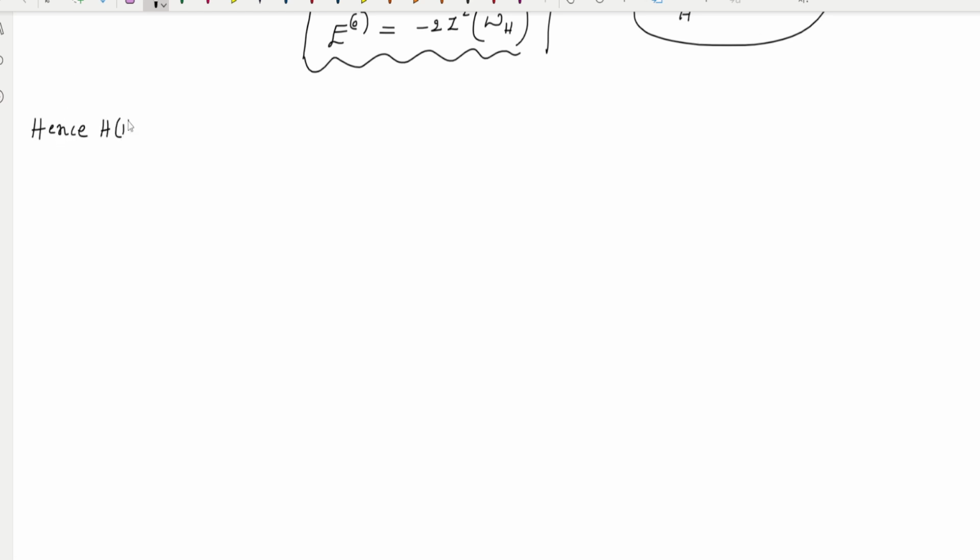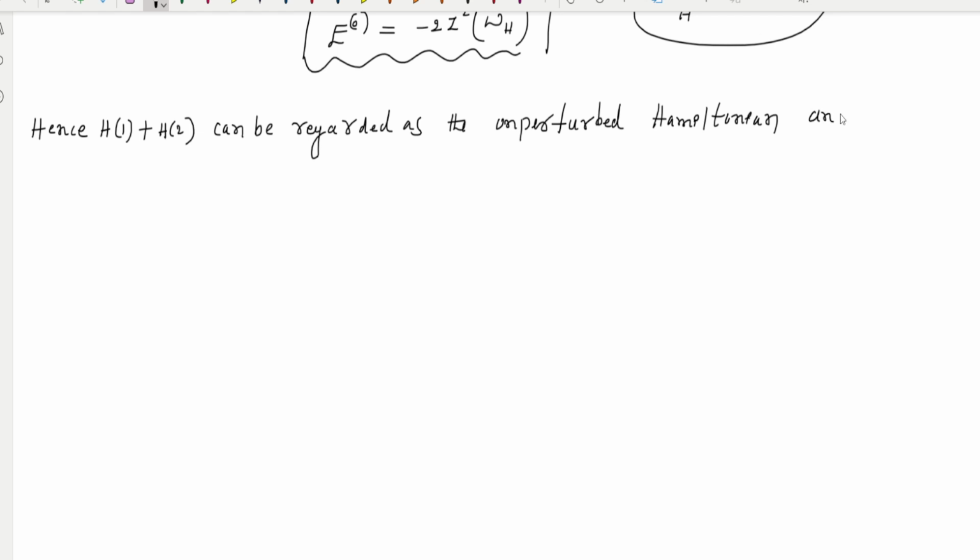Hence, Hamiltonian 1 plus Hamiltonian 2 can be regarded as the unperturbed Hamiltonian, and e squared divided by r12 term as the perturbed term, the perturbed Hamiltonian. Okay.